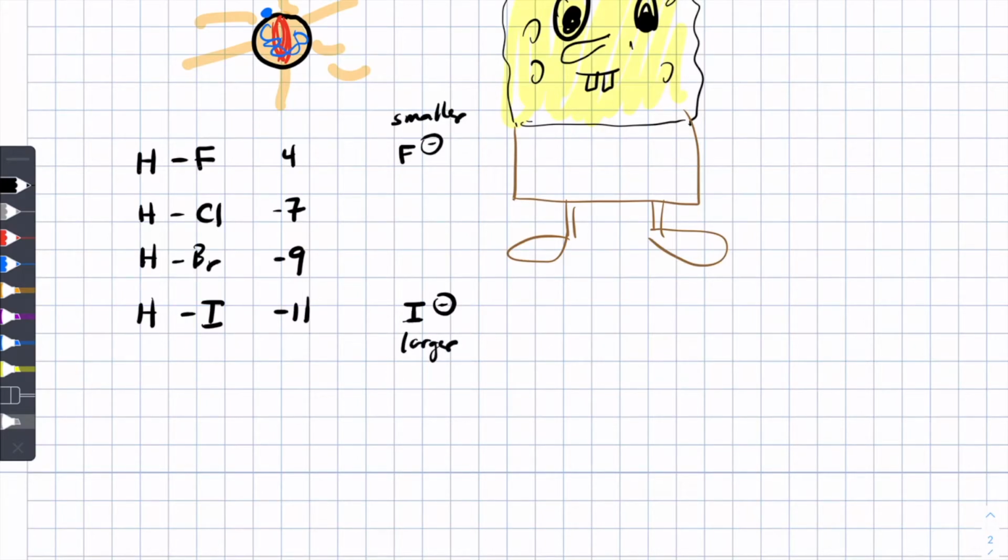So I- would be like Bob Sponge Esquire the Third, and F- would be the Sauron marble of doom.